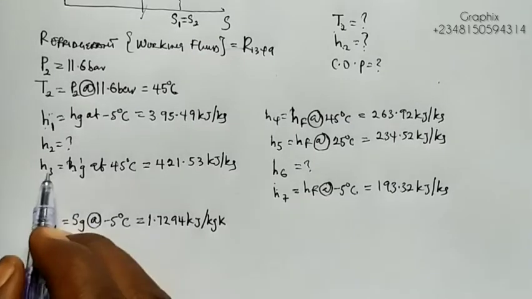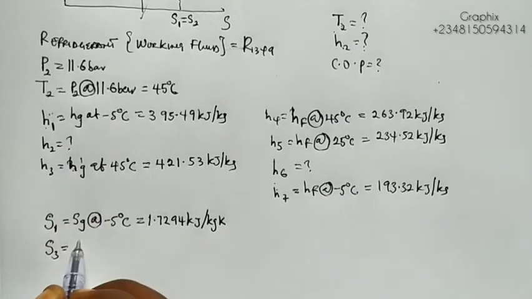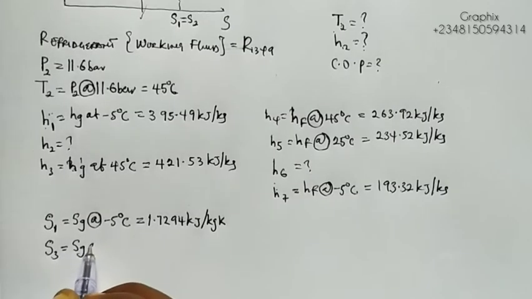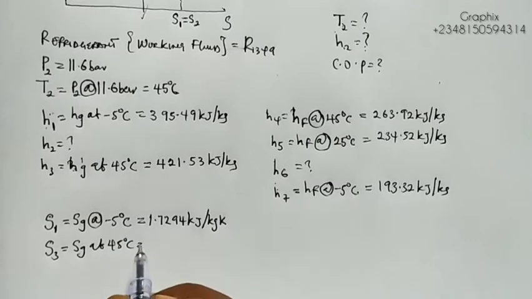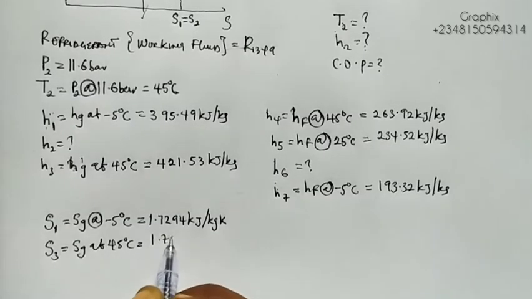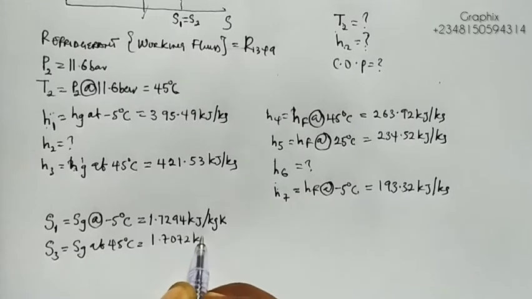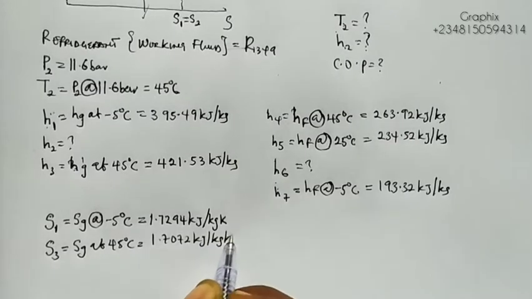Since it's HG here, so here will be SG at 45 degrees Celsius. So if you check it on your steam table, we are going to be having 1.7072 kilojoule per kilogram Kelvin.